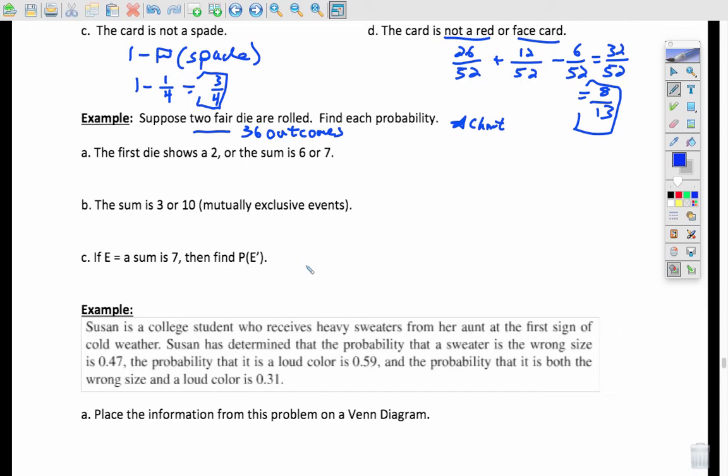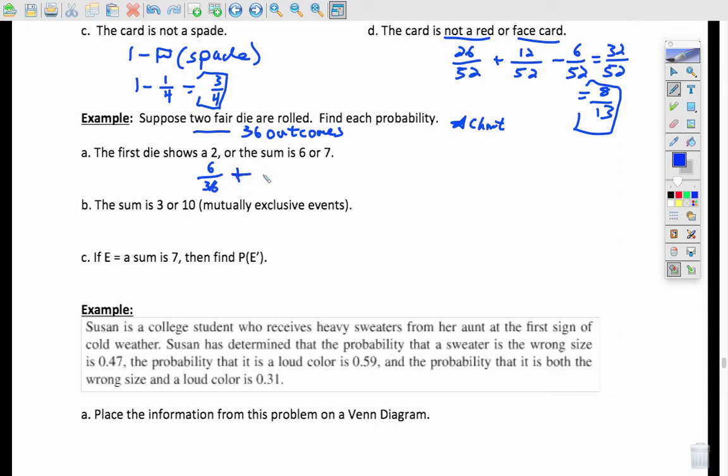So you could get a 1 and a 1, a 1 and a 2, etc. You can get a 2 and a 1, a 2 and a 2, etc. So now you can see where that's getting to 36.